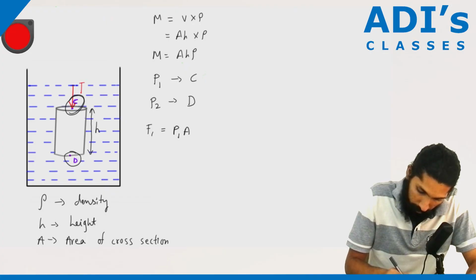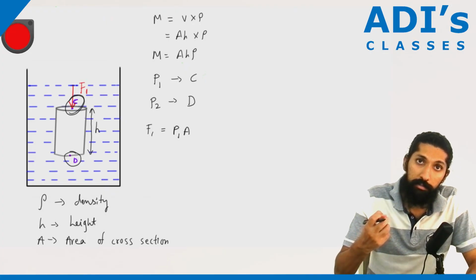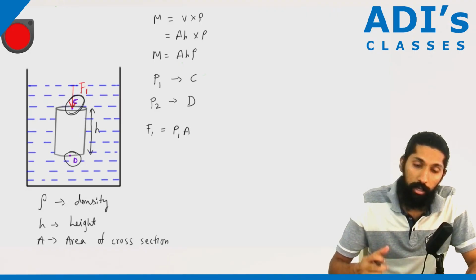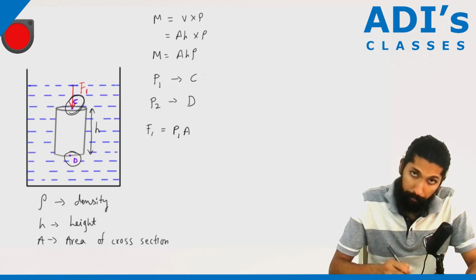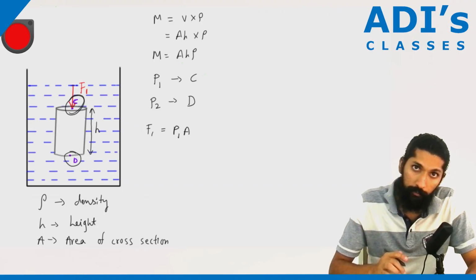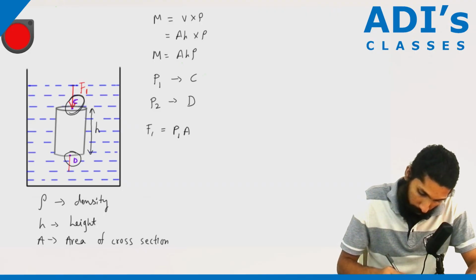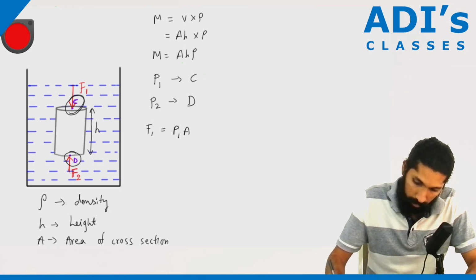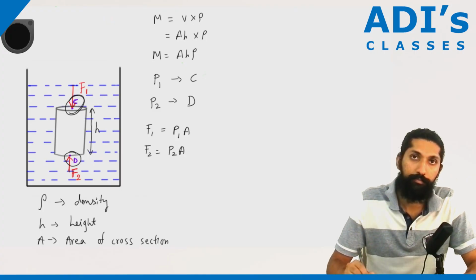This is going to become F1 because the pressure inside the liquid is pushing the body, correct? So F1 is acting like this. Now at point D, you are going to have the second force, which we call F2, acting this way. So F2 is equal to P2 into A.